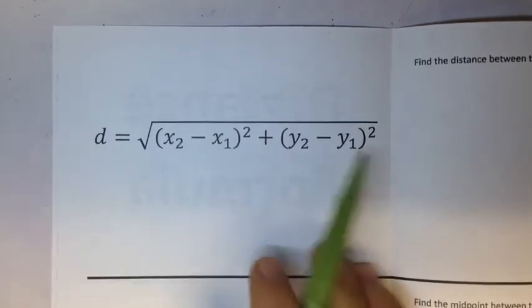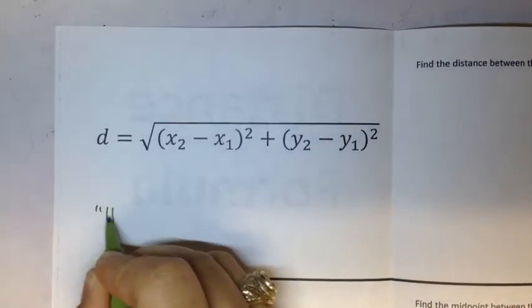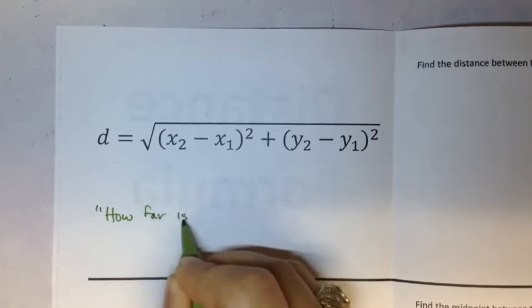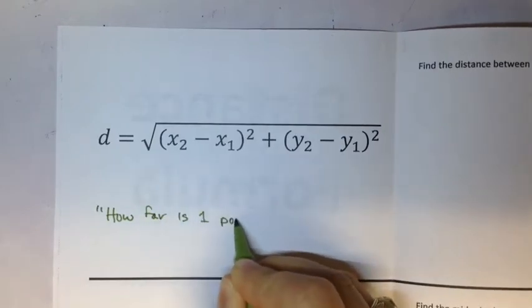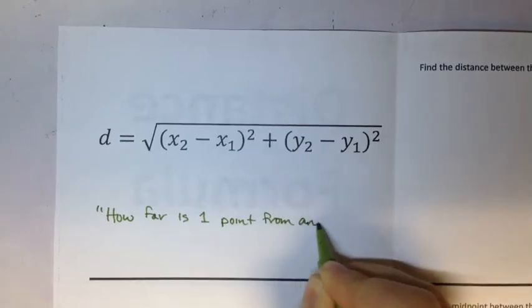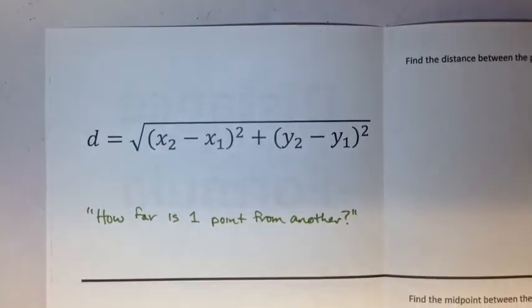And what the distance does is it tells us how far one point is from another. So if it asks you how far away are two points on a coordinate grid, you're going to be able to answer that question.